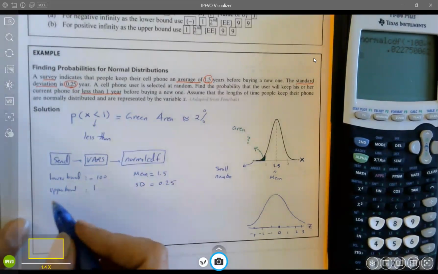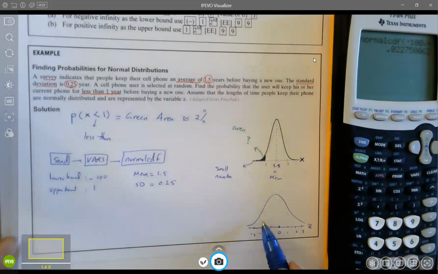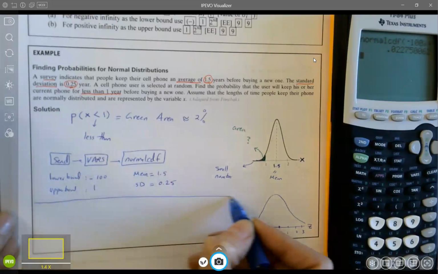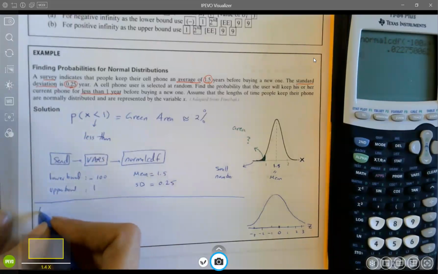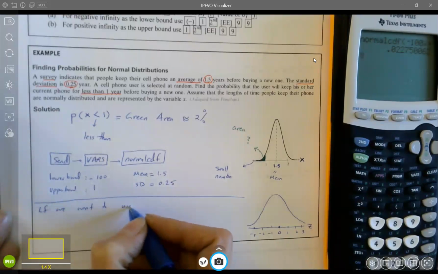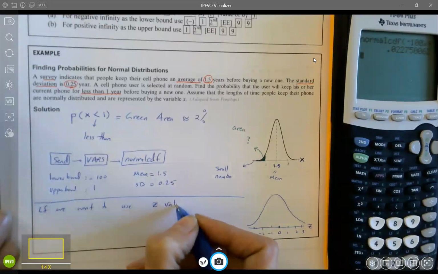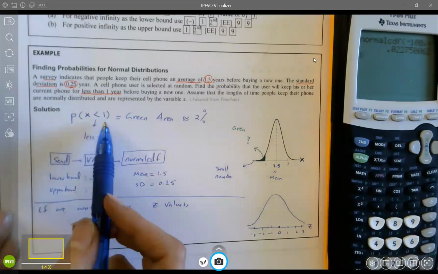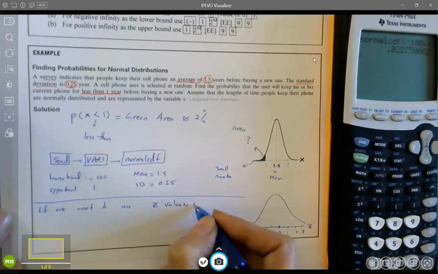You might say, hey, why not use the standard normal distribution? If we want to use the standard normal distribution, if we want to use Z values, we need to convert this X into Z first.